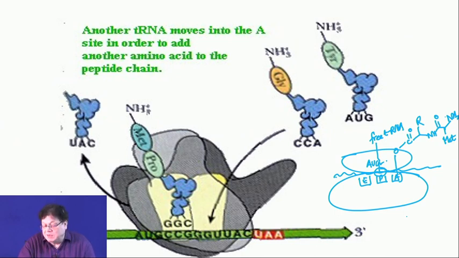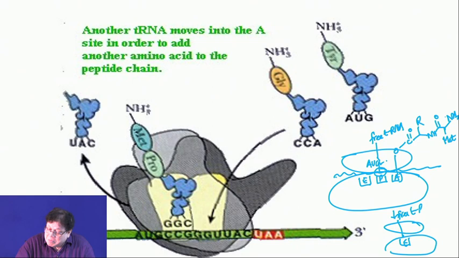So, if that happens, as it moves, these tRNAs will not move. As this moves, that means the free tRNA will now come to the E site, because the ribosome is moving.